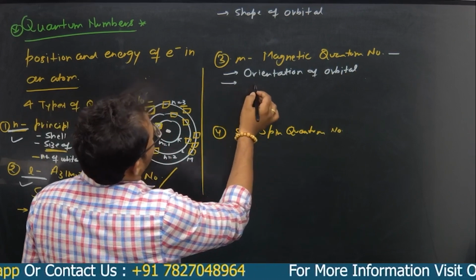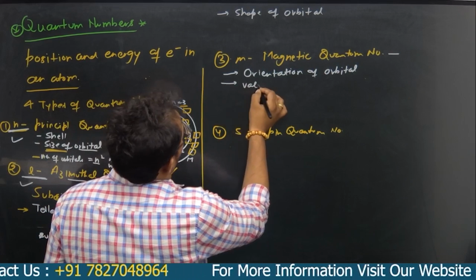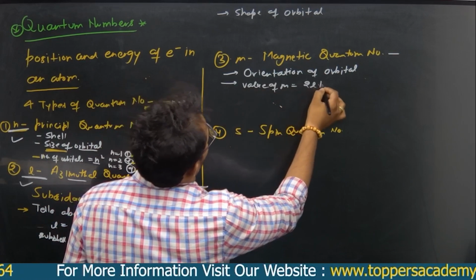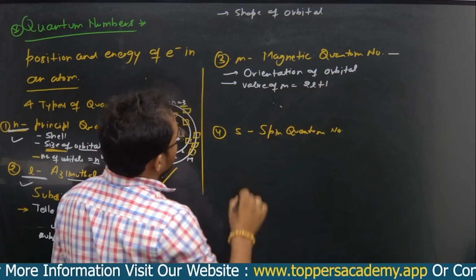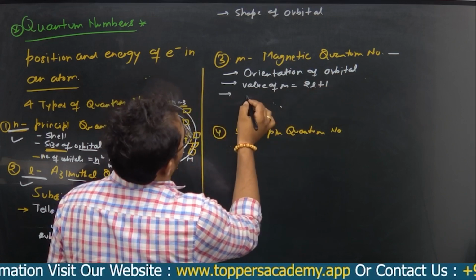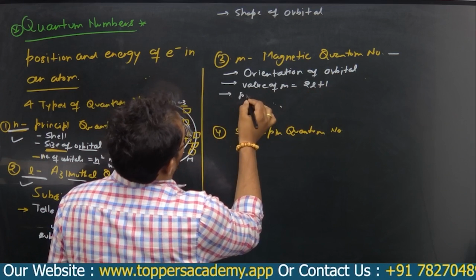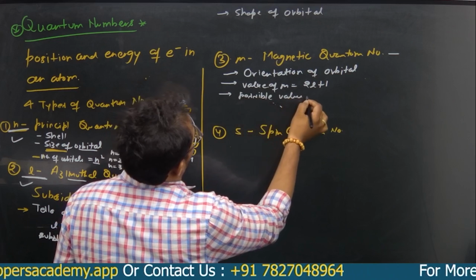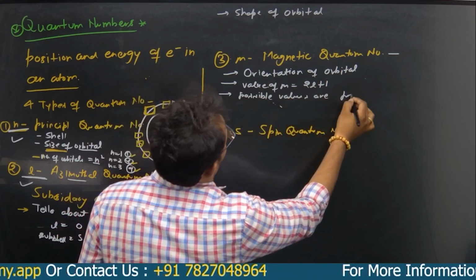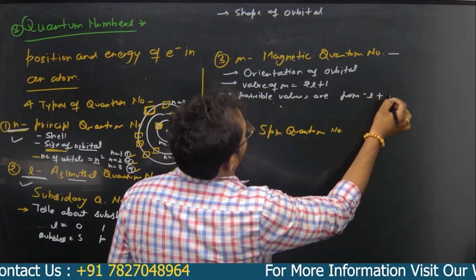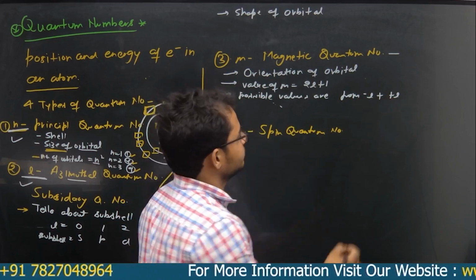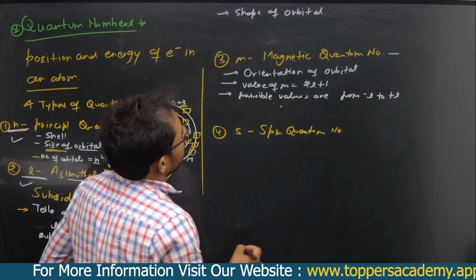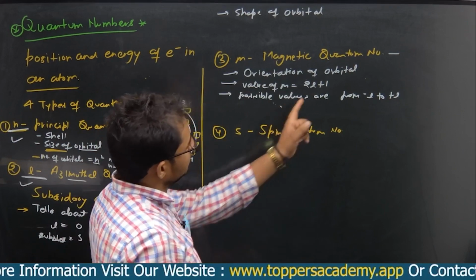The number of values of m is 2l plus 1. Its possible values are from minus l to plus l.